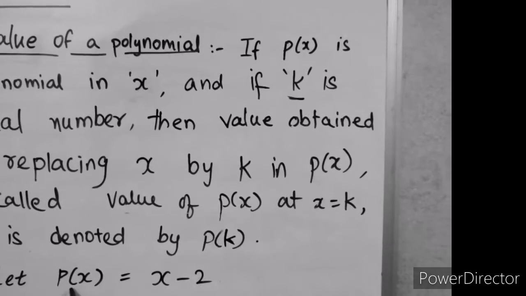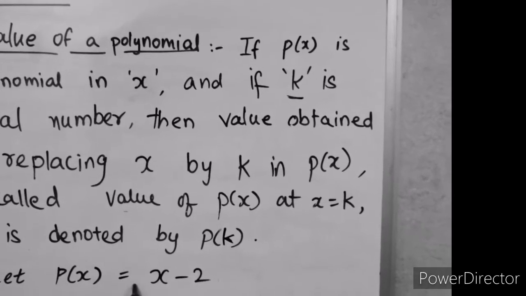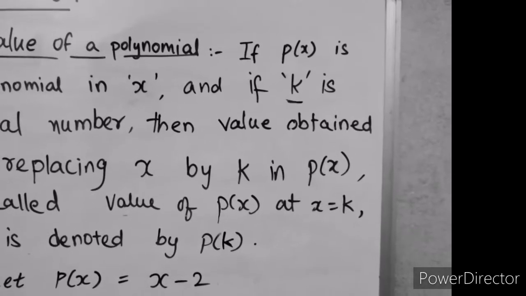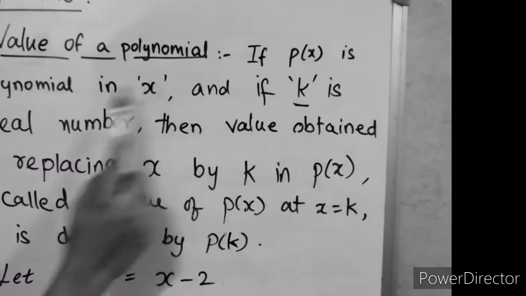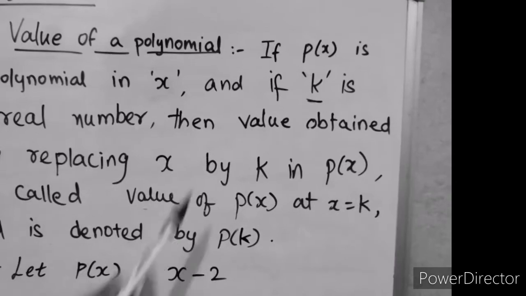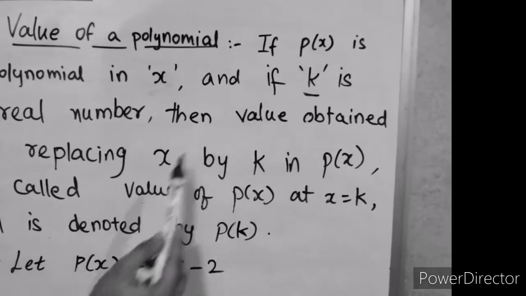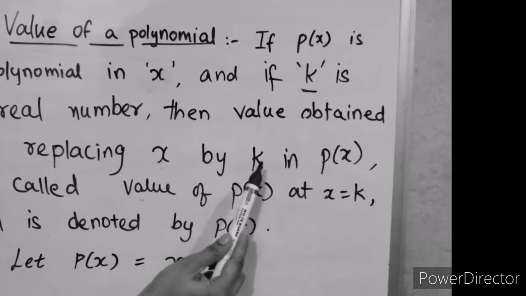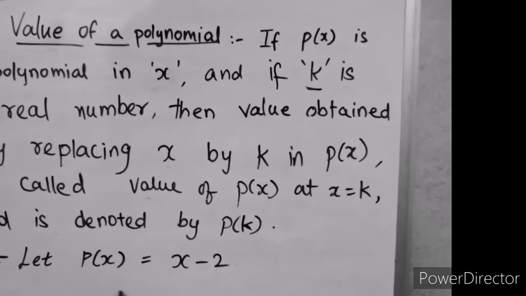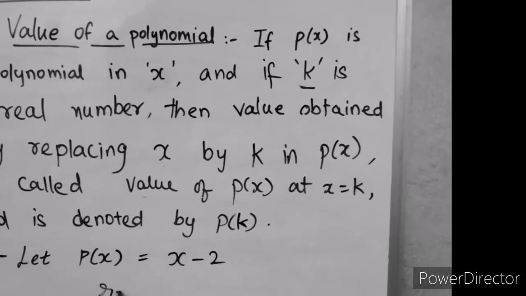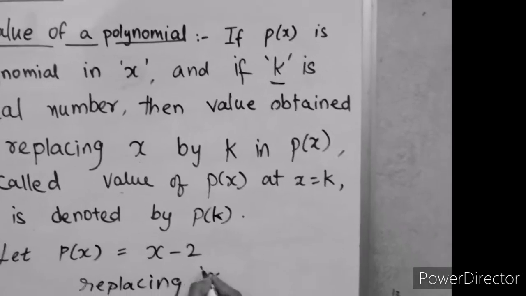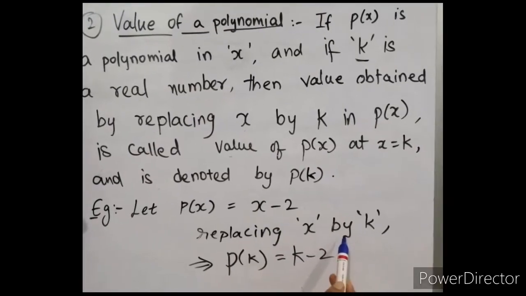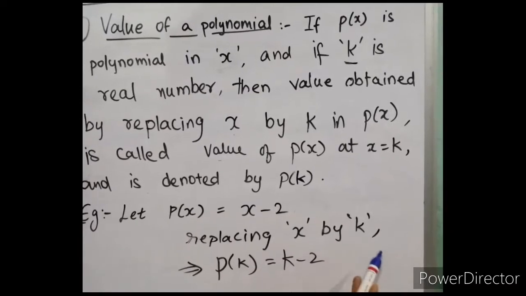Let us take a polynomial p of x is equal to x minus 2. Now, according to definition, what you have to do? P of x is given. Now, instead of writing x here, we are going to replace x by k.